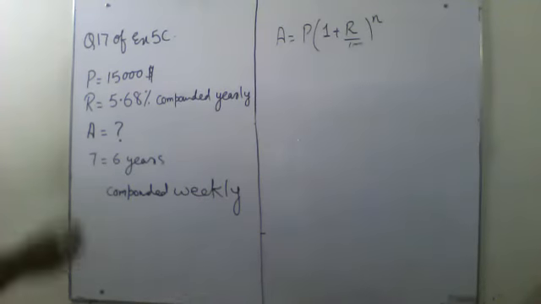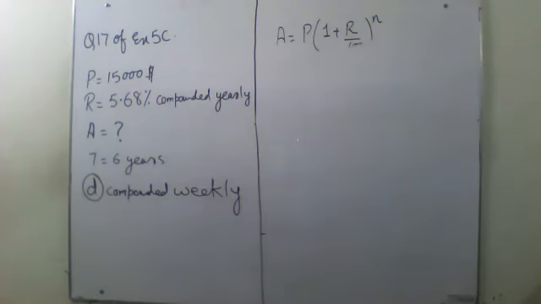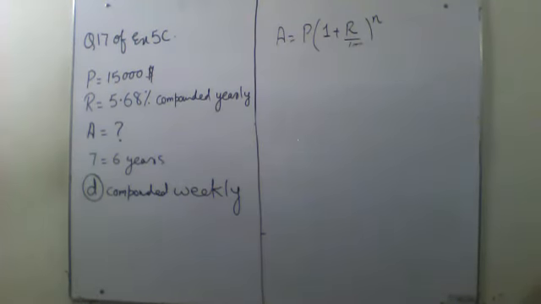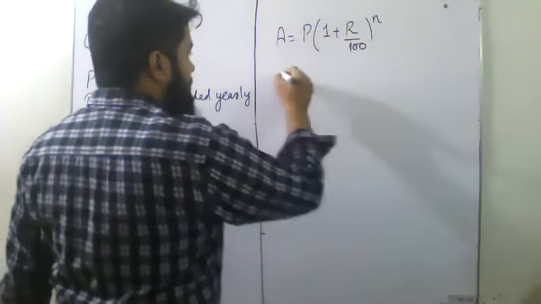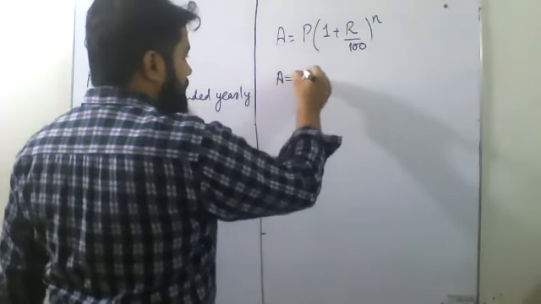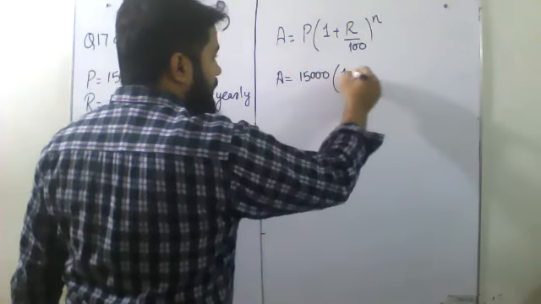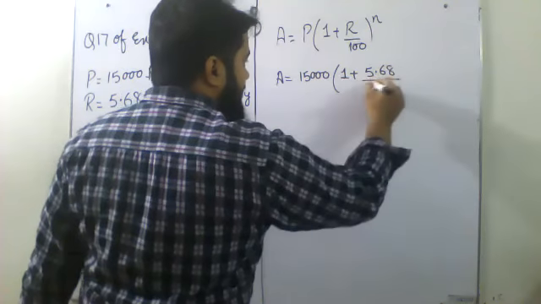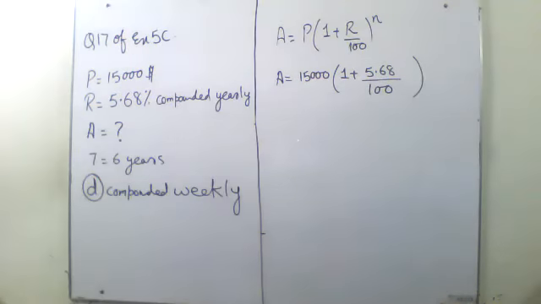Now I have given you another one, compounded weekly. Okay, we know that in a year we have got 52 weeks. So A equals P, which is 15,000, (1 plus R, which will be 5.68 divided by 100, and I'm not writing anything outside right now).